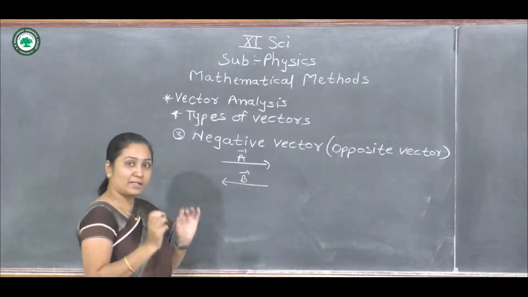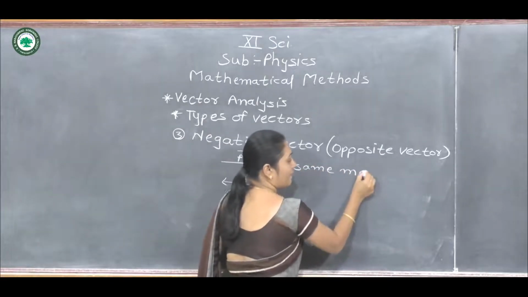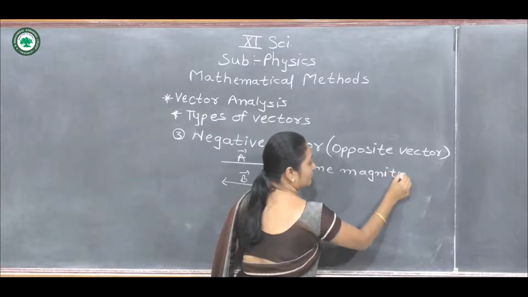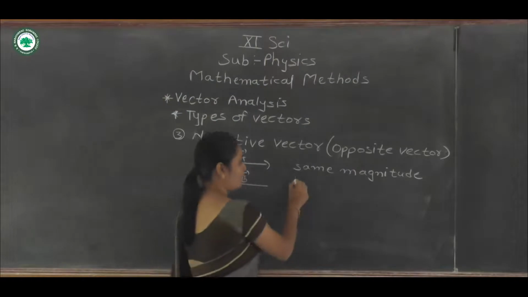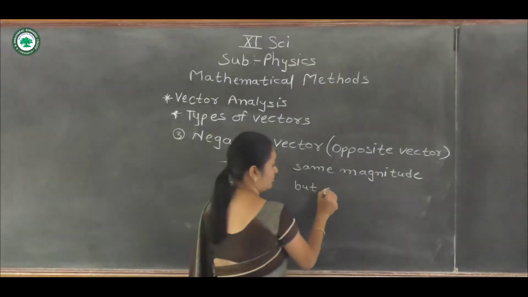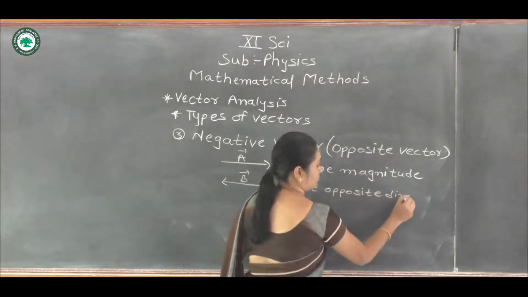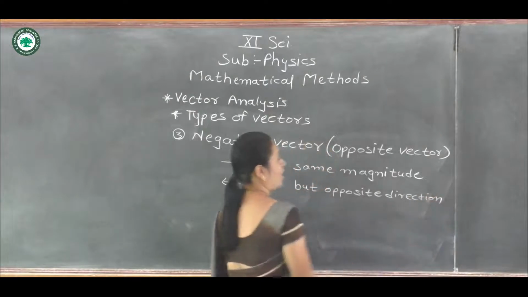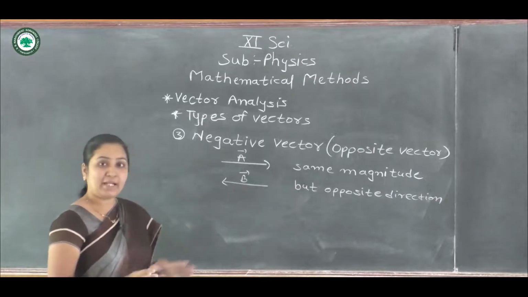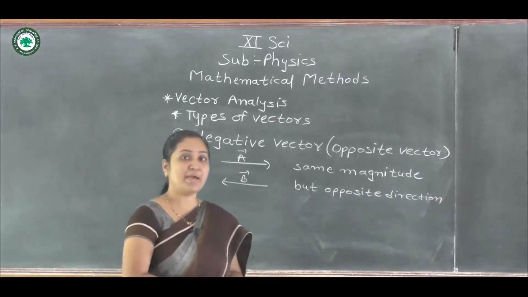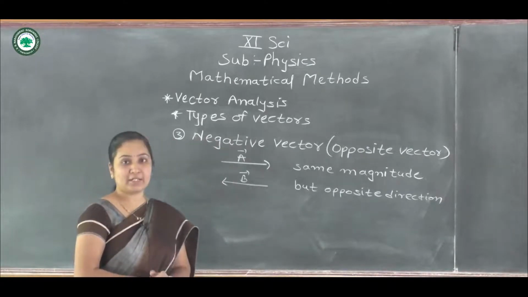These two vectors have the same magnitude, but these two vectors have opposite direction. So these are called negative vectors, that is, having the same magnitude but opposite direction. This is the third type of vector, that is the negative vector.